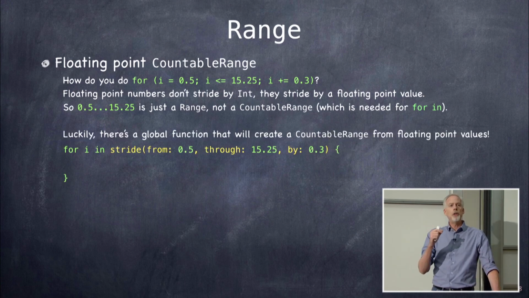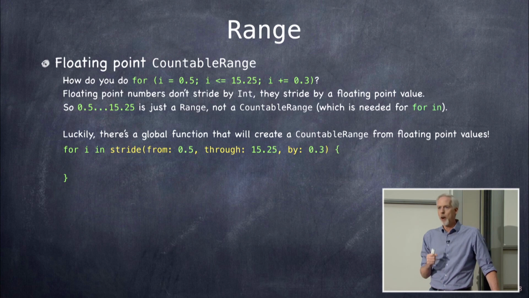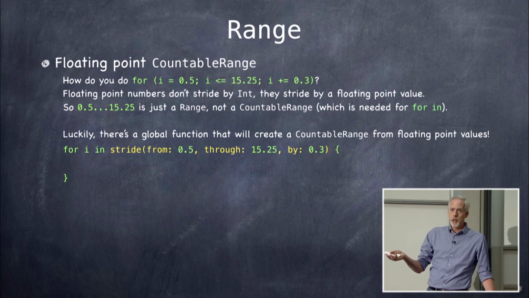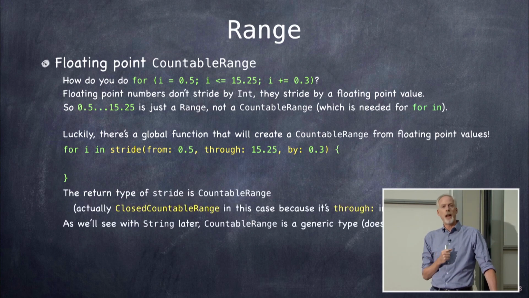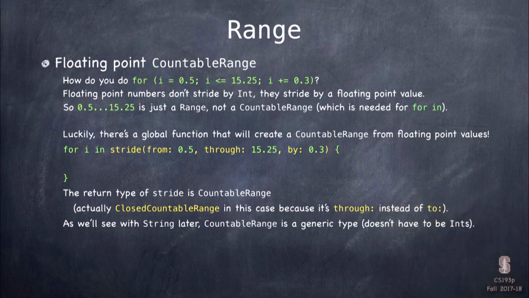So the way we do that is using a global function called stride. Stride has from, through, or from and to, depending on whether you're going to include the last thing, and a by, which tells what it strides by. Stride is a function that creates a countable range. Countable range is a generic type, like array is a generic type. It can count over not just ints, it could count over floats, it can even count over indexes into a string, all kinds of things.